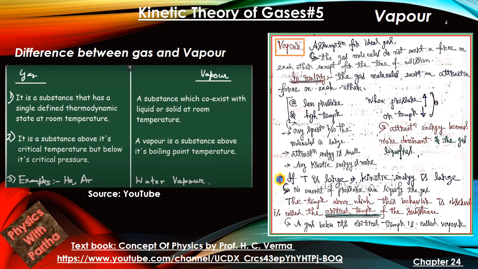The temperature above which this behavior is observed is called the critical temperature of the substance. That means the temperature above which we cannot liquefy the gas is called the critical temperature. Now a gas below its critical temperature is called vapor. I think by now you are clear about what is vapor and what is gas.